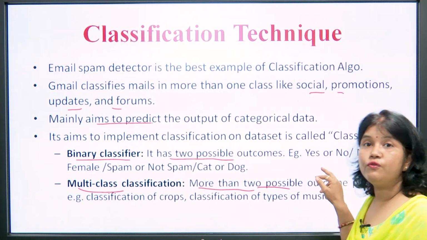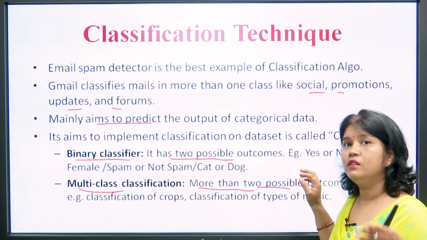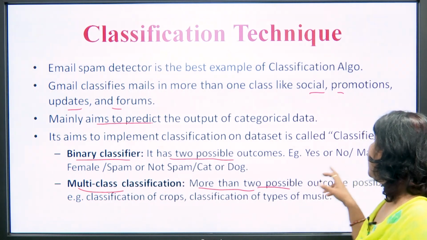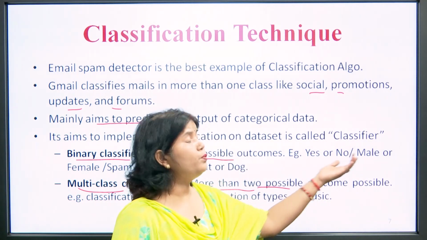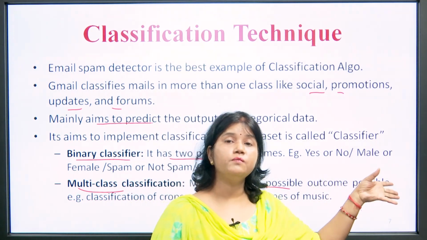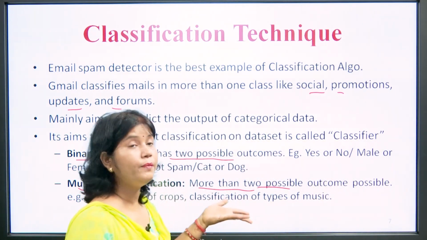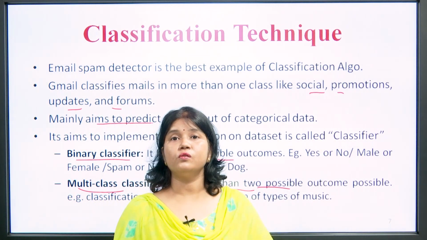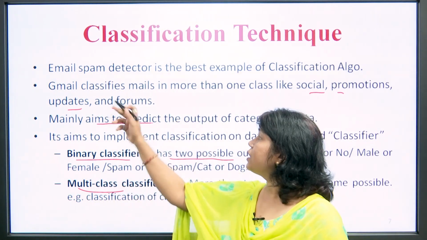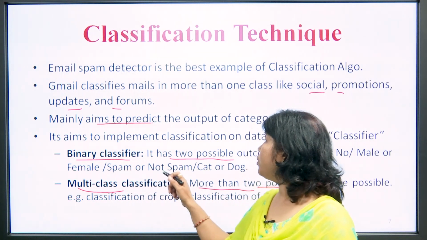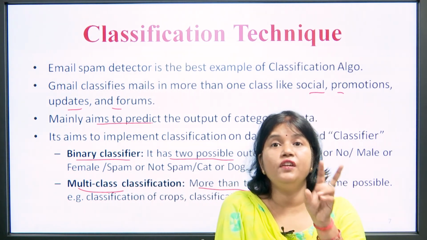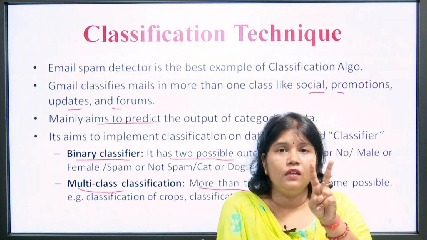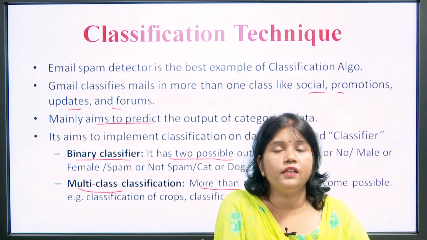If you want to find the output in a yes or no manner, it goes under the classification technique. If you want to find out whether he is male or she is female, this also comes under the classification technique. Female, spam or not spam, cat or dog, wherever you have two classes, the classification technique exists.